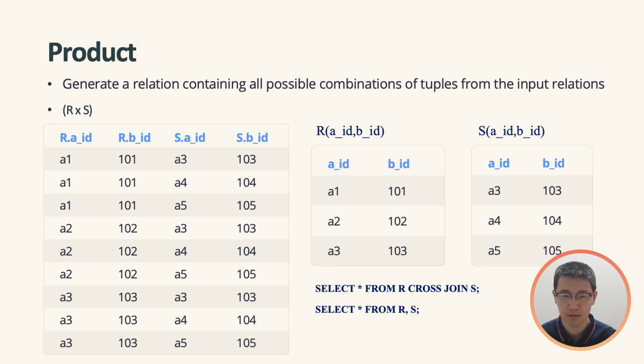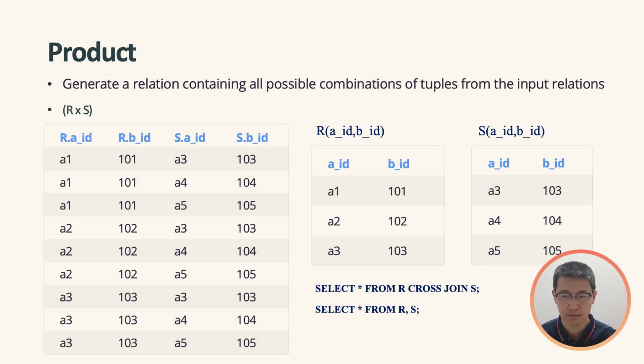For instance, if A1 multiplies this relation, it will perform a cross join with A3, which is this kind of multiplication relation. After the initial connection, it will combine A1 with A3, then A1 with A4, and then A1 with A5, totally 3 times 3, which is 9 tuple combinations in total.